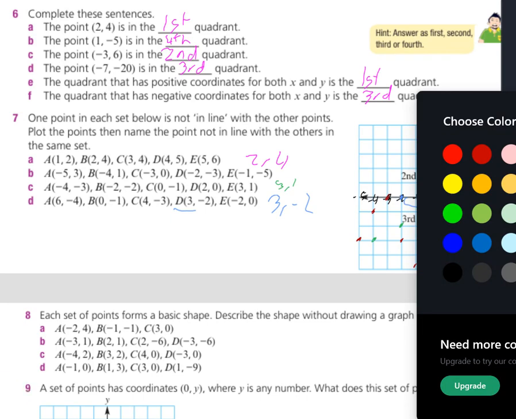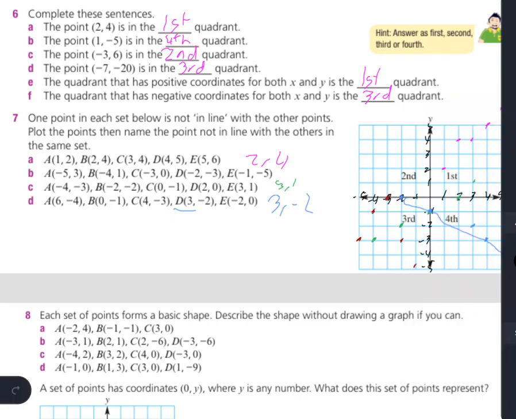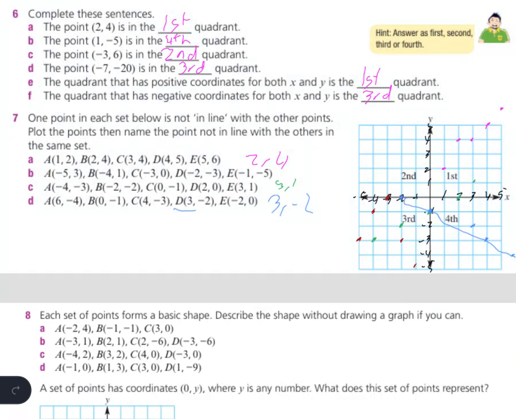Let's go a different color. Let's go yellow, and we'll make it a bit thicker. That way we definitely can't miss what I'm doing. So minus 5, minus 3. There's minus 5 and minus 3 will be here. Two nice big dots. Minus 4, minus 1.